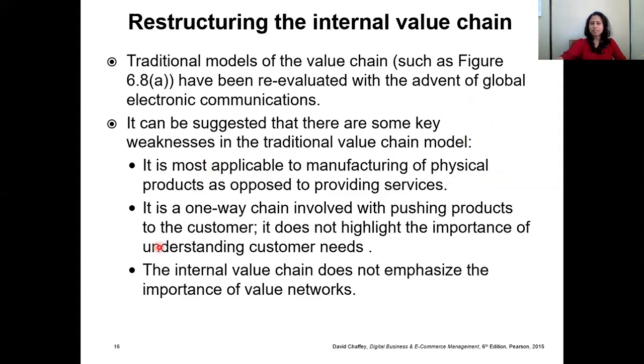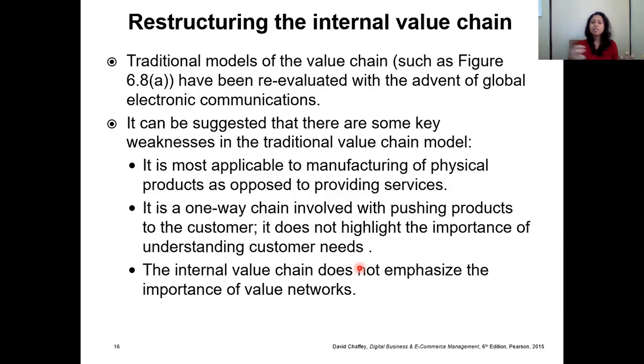And then the next thing is, it is a one-way chain involving pushing products to the consumer. It does not highlight the importance of understanding consumer needs. That's true, right? So we focus on how we source raw materials, or how we procure them, how we process them, how we store them, and how we market them, and how we provide after-sales services. So this is more of a push nature model, which you learned about on the last day, right?